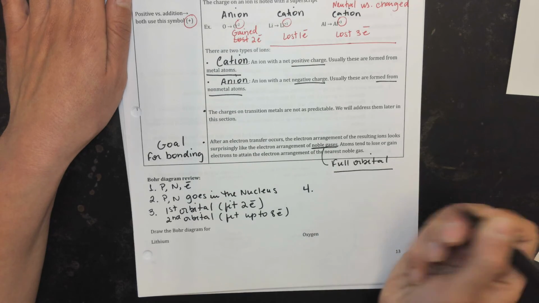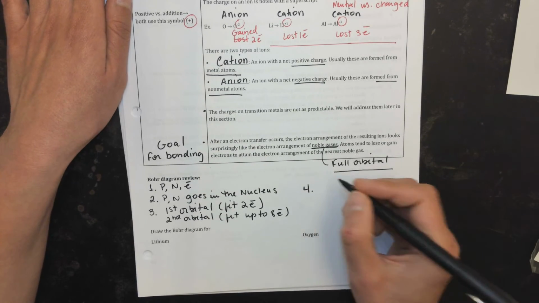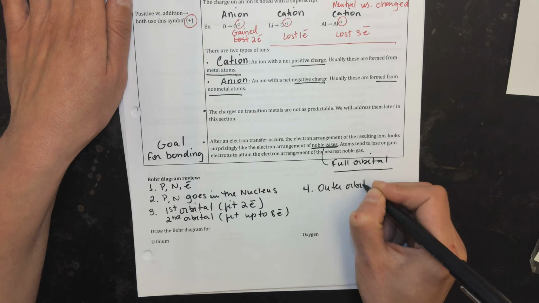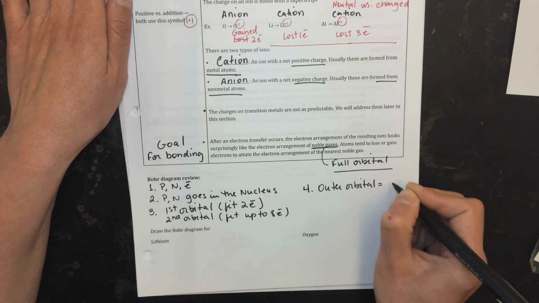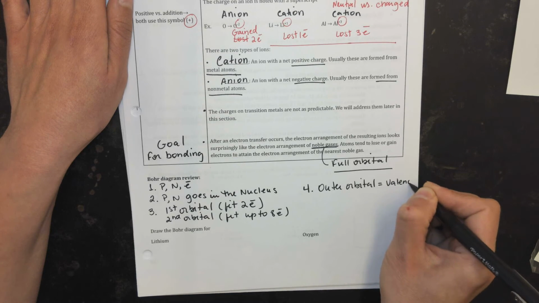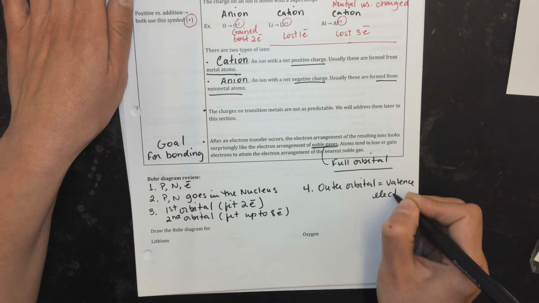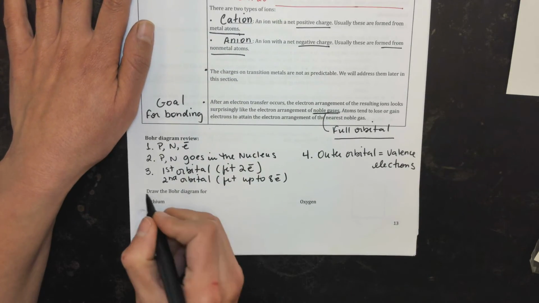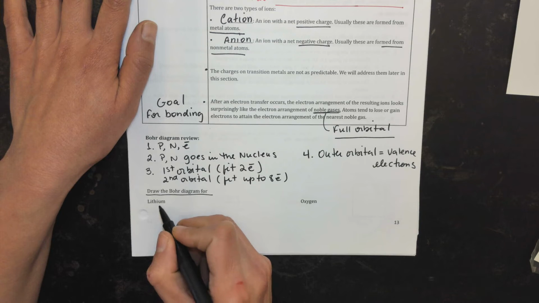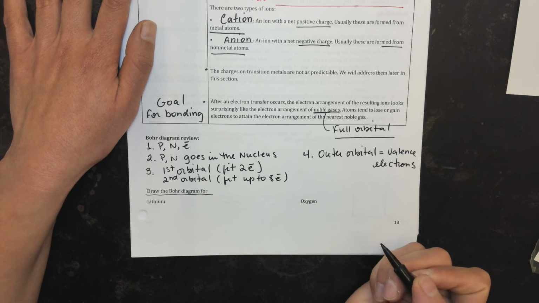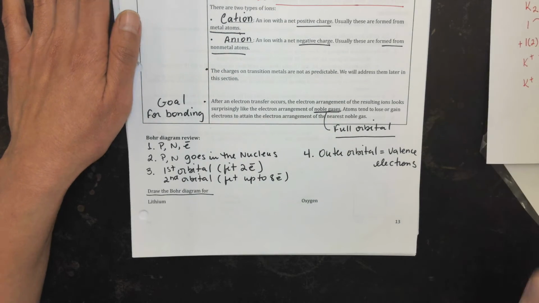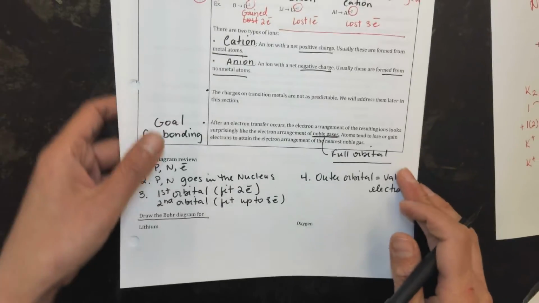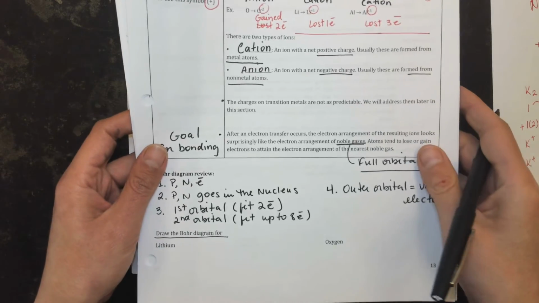And the next thing you need to know is that the final orbital, or the outer orbital, equals valence electrons. Alright, so now I'm going to ask you to try to draw a lithium and an oxygen Bohr diagram. You can stop the video right now, or if you need to see me drawing a Bohr diagram, you can just continue watching the video.